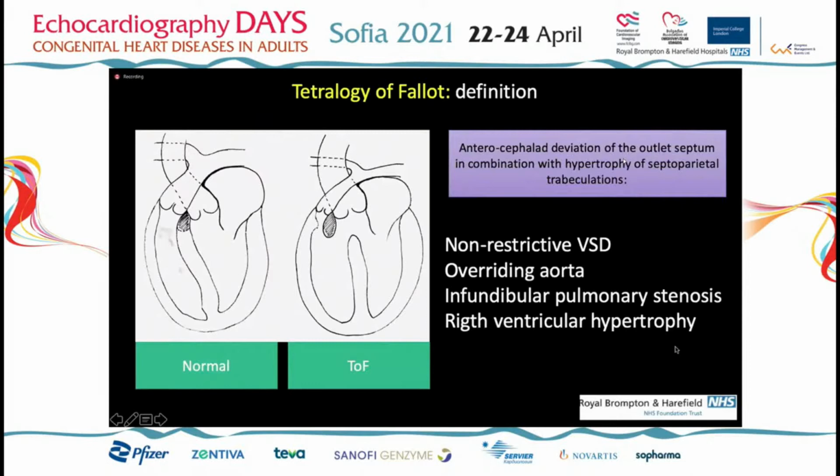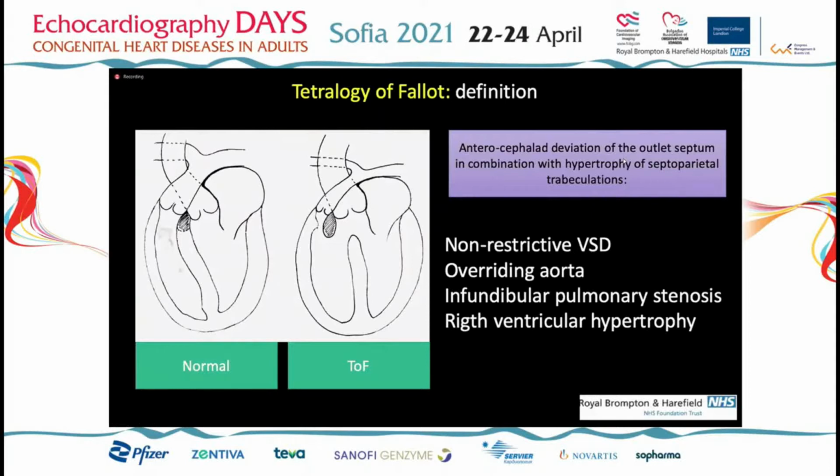Reminding the definition of tetralogy of Fallot, initially explained by Fallot himself at the end of the 19th century. The four features were a consequence of the anterocephalad deviation of the outlet septum in combination with hypertrophy of the septoparietal trabeculations, as Professor Ho kindly explained previously.